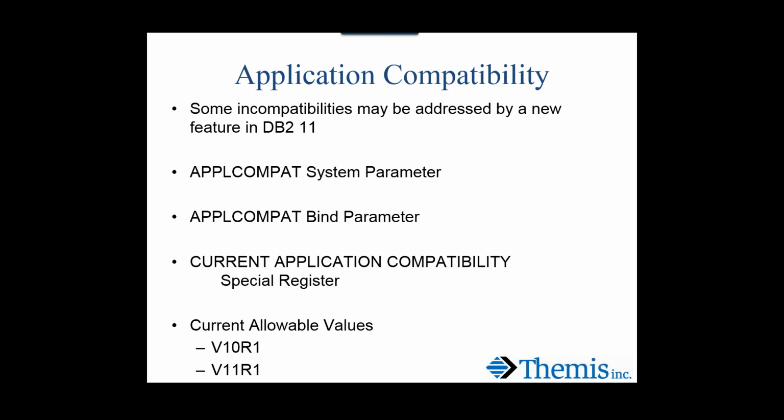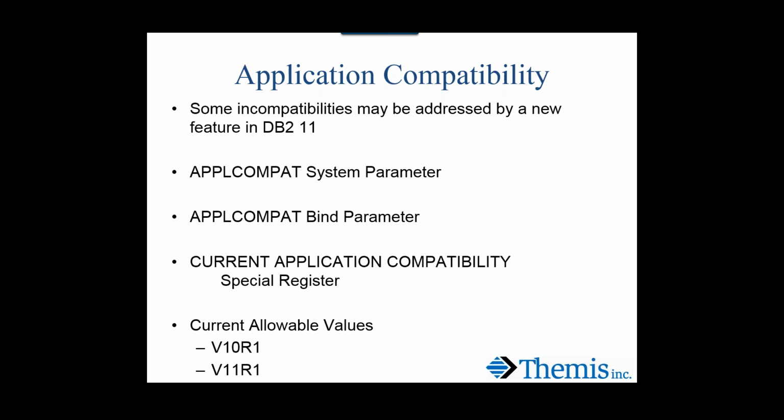And this is a new set of features in version 11 that allow you to have some control over that. Okay, so Apple Compat is both a subsystem parameter, a zparm, and a bind parameter. And really what it amounts to is that the subsystem parameter controls the default for the bind.